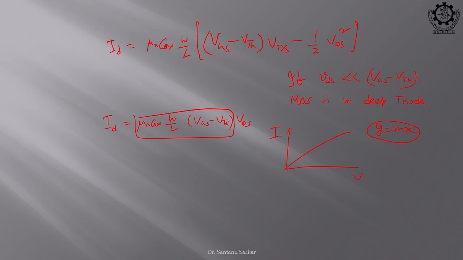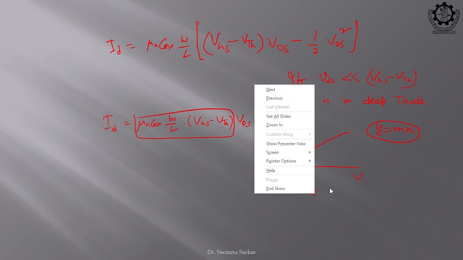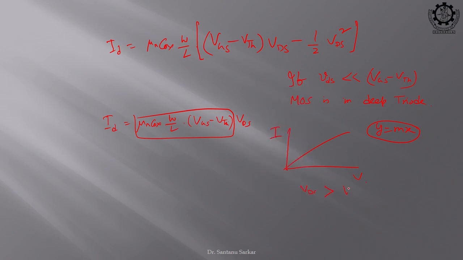Clear? So, now we have a condition that VDS greater than VOV. If VDS is greater than VOV, this region is known as saturation. Another is VDS less than VGS minus VTH, that is your linear.